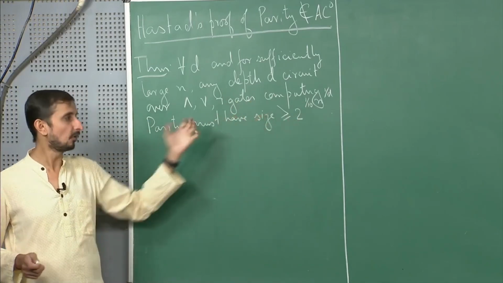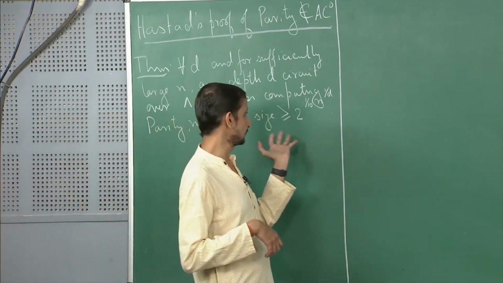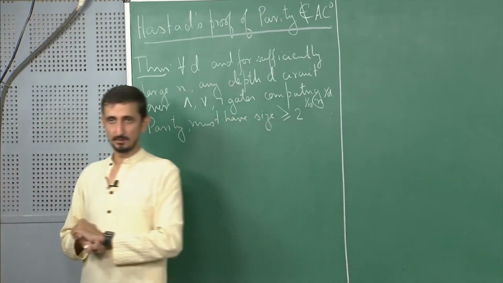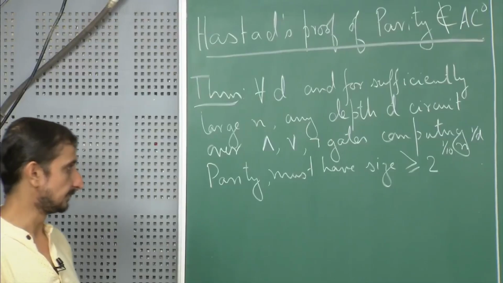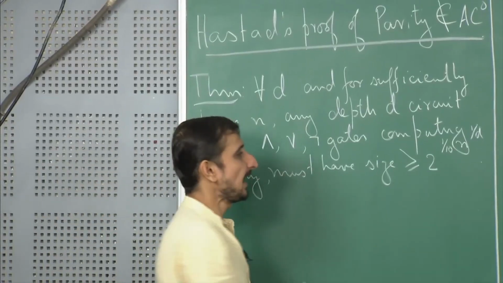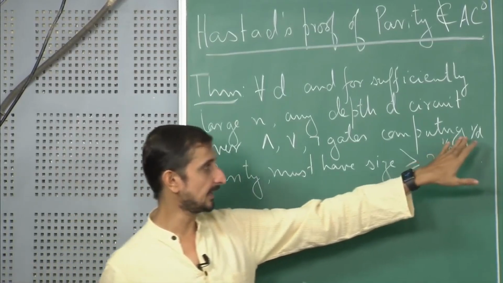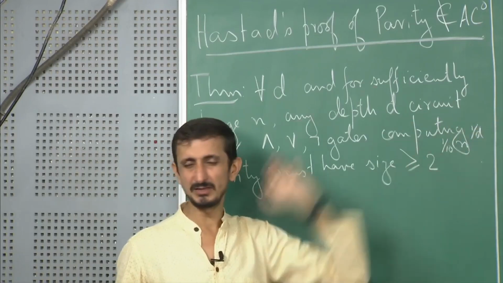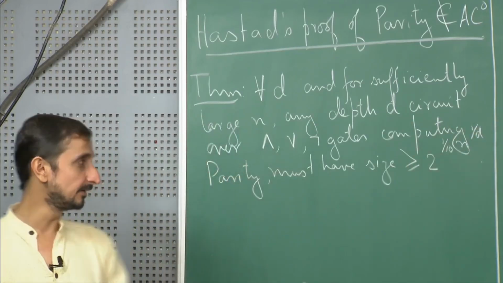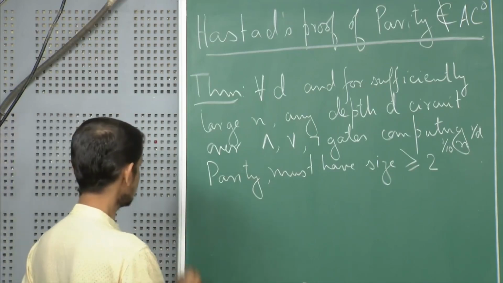Although this result was given before Razborov's proof, it is a stronger lower bound, because we are getting a larger size over here. And in fact, this bound can be improved a little bit more, to n to the power 1 over d minus 1, but we will just stick to 1 over d over here because it will make it slightly easier. Okay.